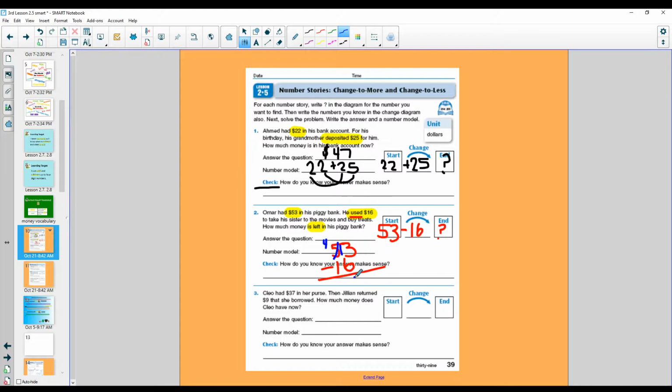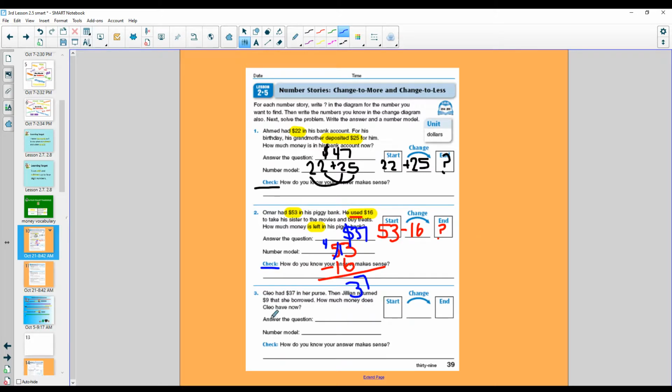All right. And then 4, take away 1. 4, 3. Now, if I would have accidentally added those and I get here to check, that wouldn't make sense. But now he's ending up with less money. That makes sense. The answer to my question with my unit is $37.